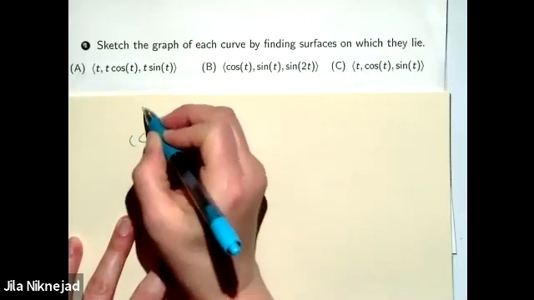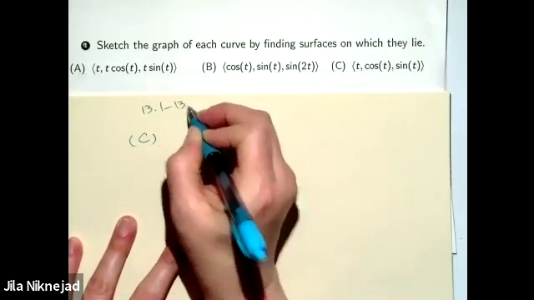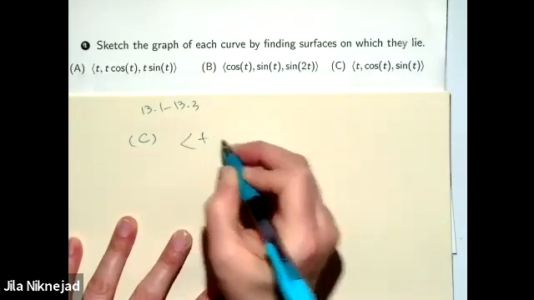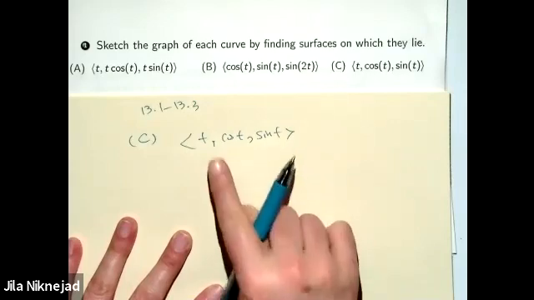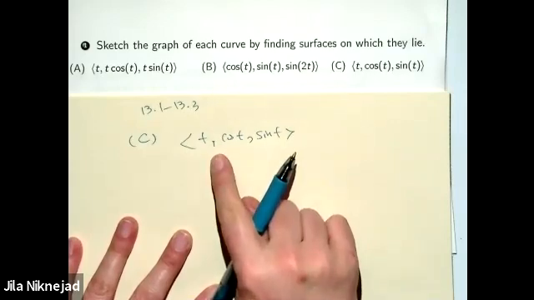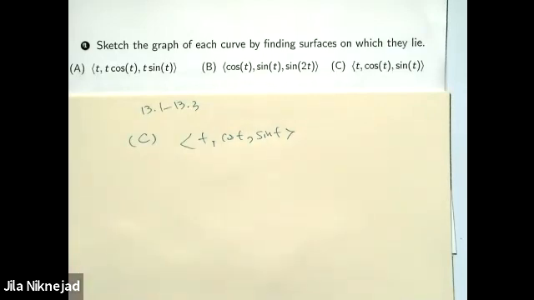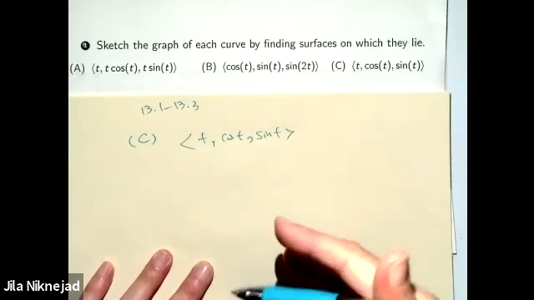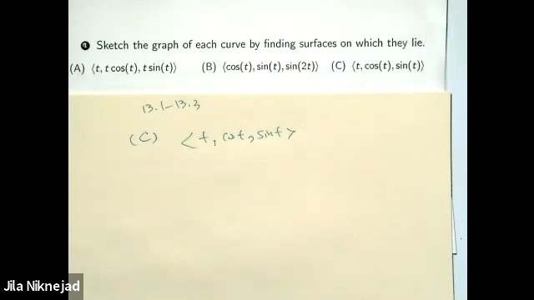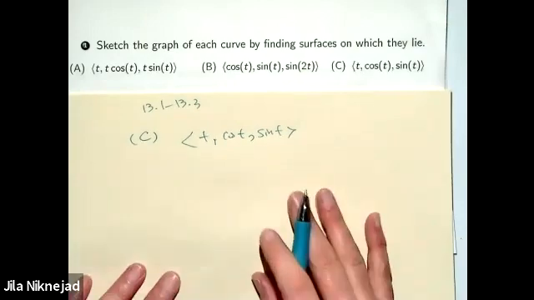E, I'm still in 13.1 to 13.3. It's t, cosine of t, and sine of t. This one is basically very useful, right? And we see it a lot. This is the staircase equation. You see it in engineering and science a lot.